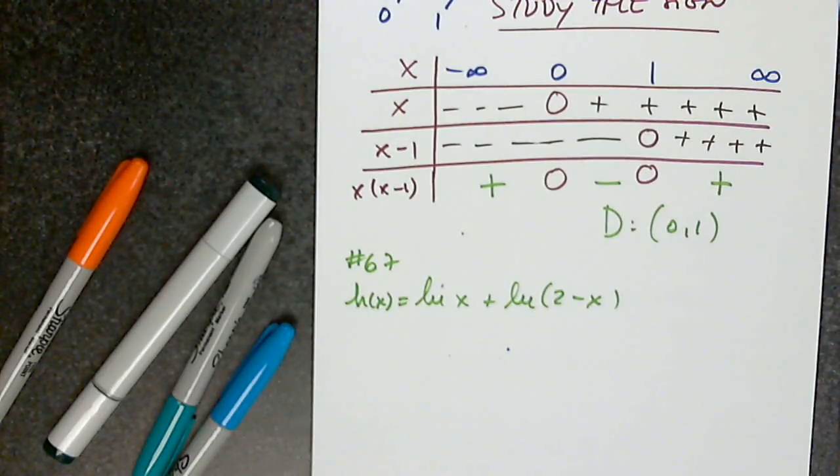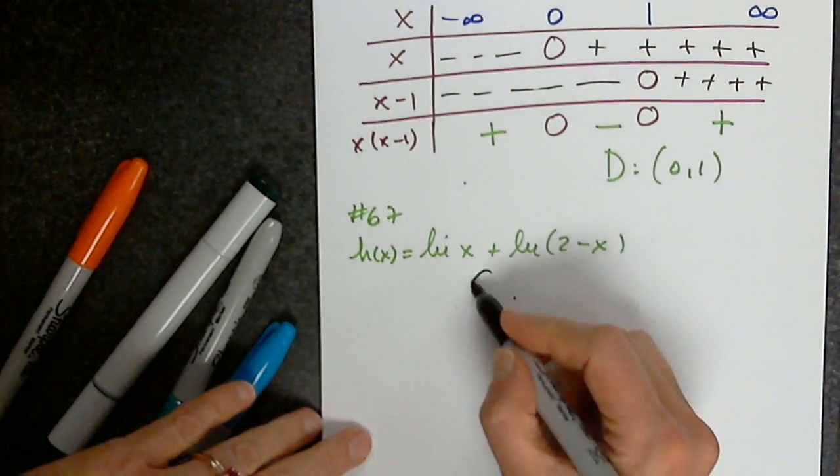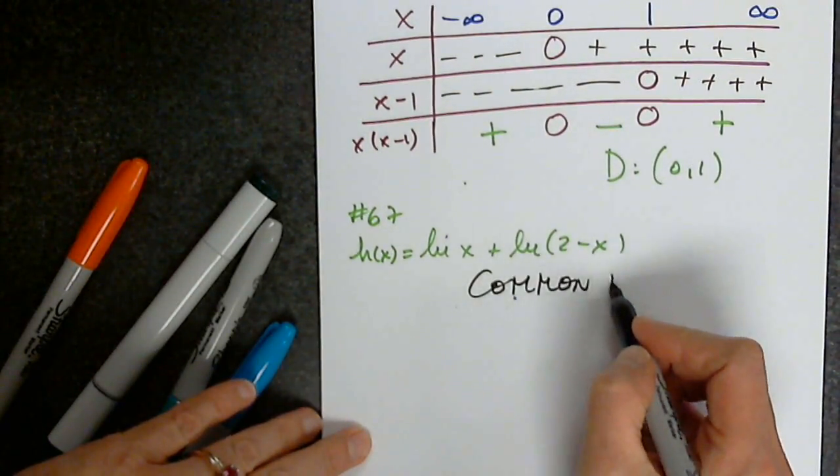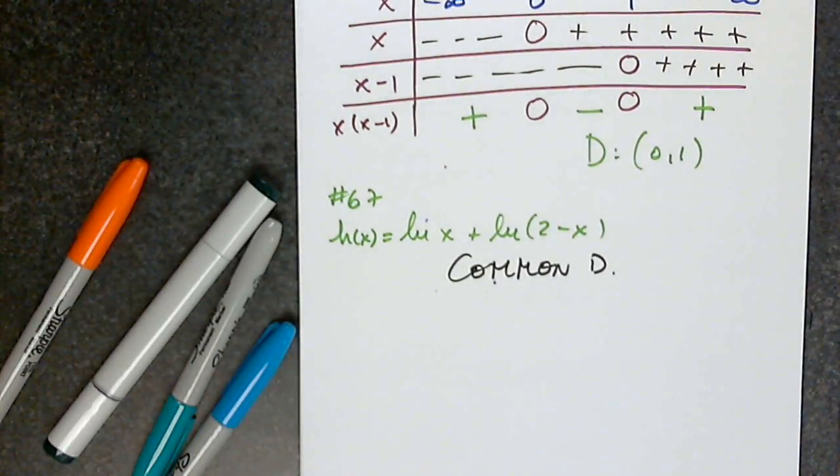If one is defined here and one is defined here. Oh, common. Thank you. So I need to find the common domain. Exactly. I won't be able to add two functions that are not defined on at least the piece that is common. If they have no common domain, one is in Australia and one is in Ohio, I can't add them.